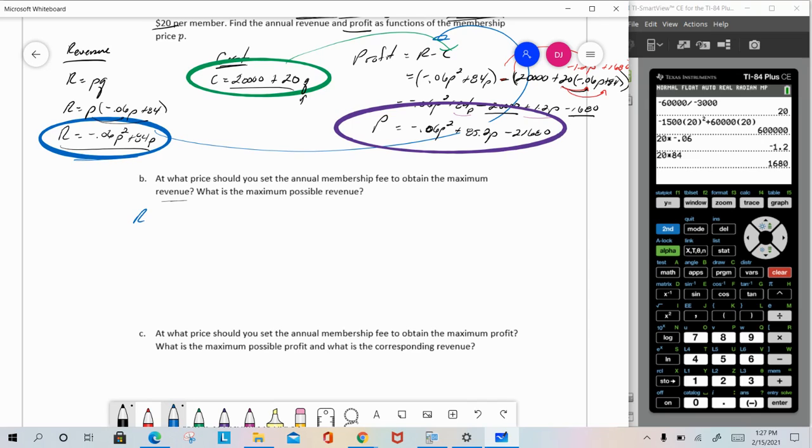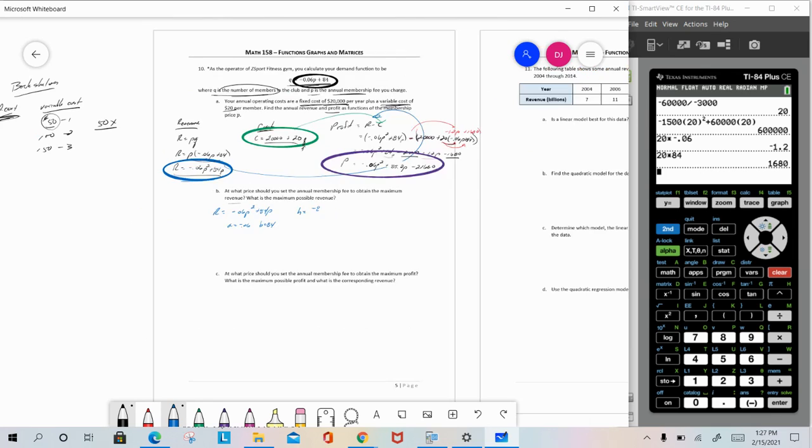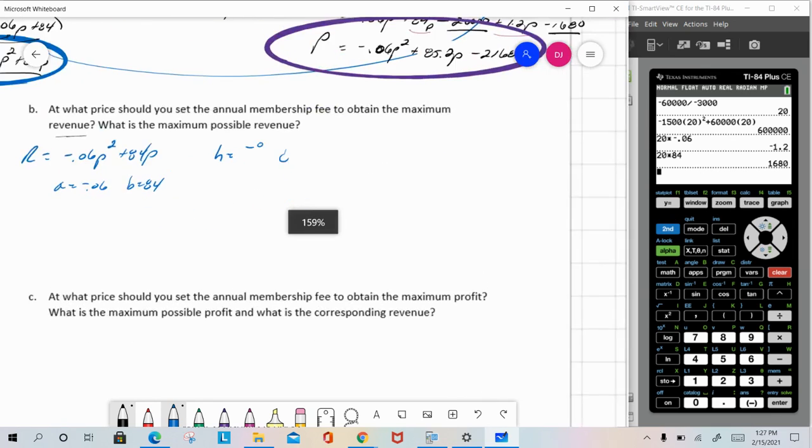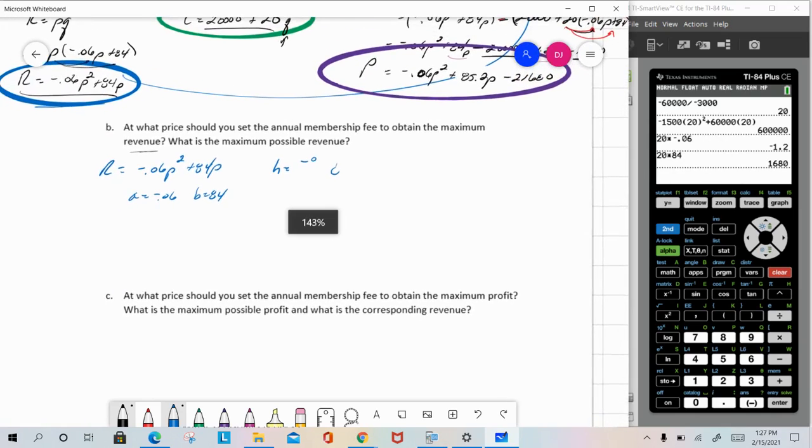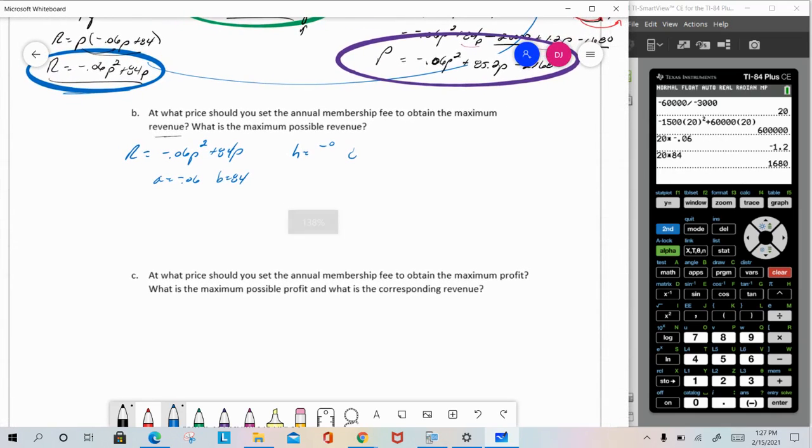So the revenue is negative 0.06p squared plus 84p. So our A value is negative 0.06. Our B value is 84. So H is going to be negative 84 over 2A.